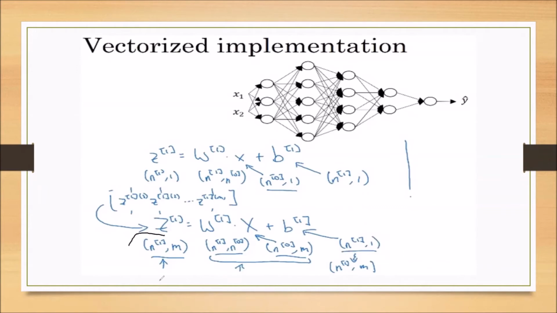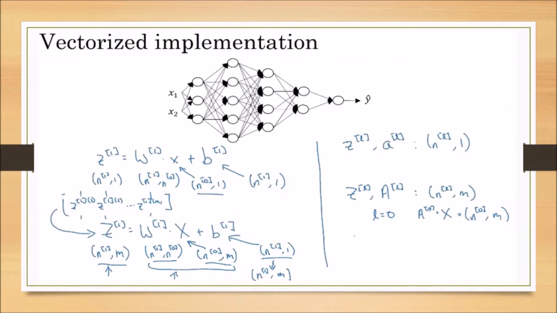That's how we get the N1 by M matrix for Z. Using this Z matrix, we calculate the activation units. Because Z is N1 by M, A, the activation units of the first layer, will also be N1 by M, where the rows indicate the activation units and the columns indicate the particular training sample we have given.